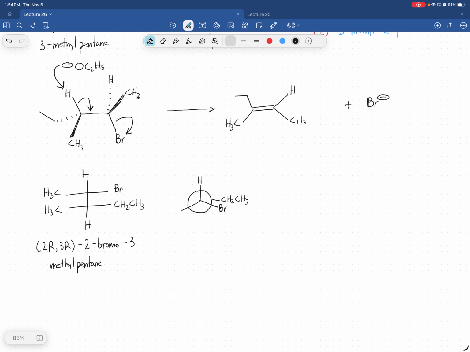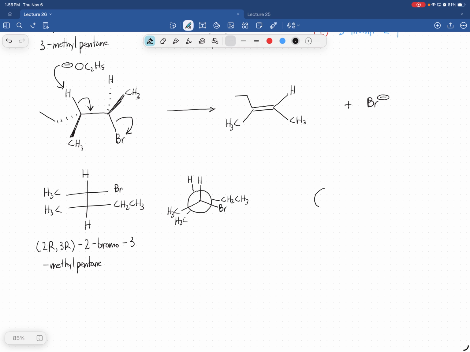The H's will be eclipsing, and the methyl groups will also be eclipsing each other. Not a very favorable conformation. So what the molecule will do is rotate one of the carbon atoms to the more stable anti conformation, and that's how the reaction goes forward.